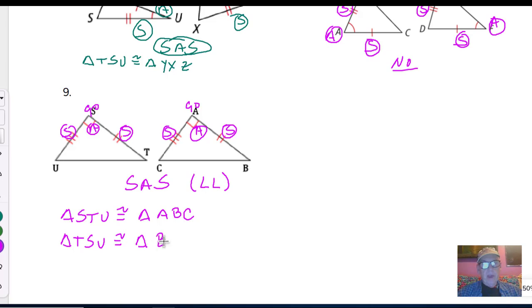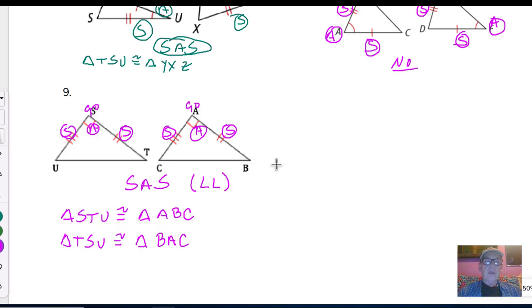So I've got to go BA. And then from B to A, we go to C. So T goes with B. Check up here. T goes with B. S goes with A. And U goes with C. So we got the correct corresponding positions. So either one of these would be a correct way of naming the congruence. And there are others with different orders.